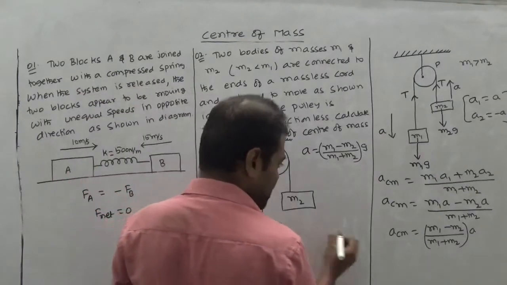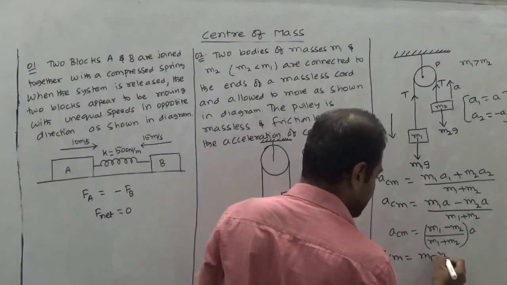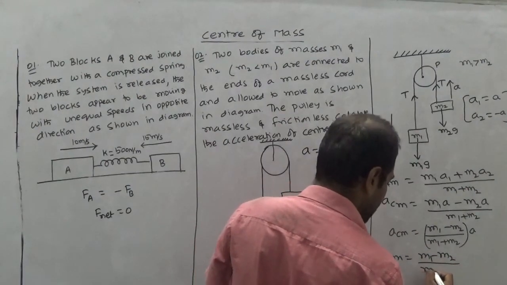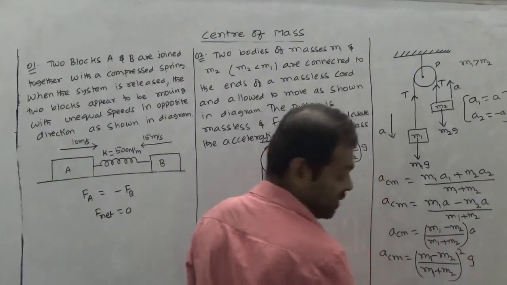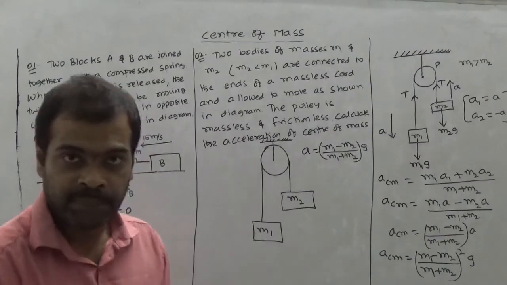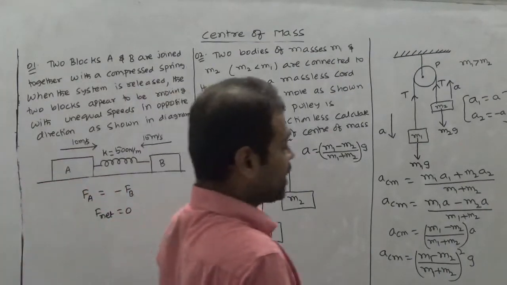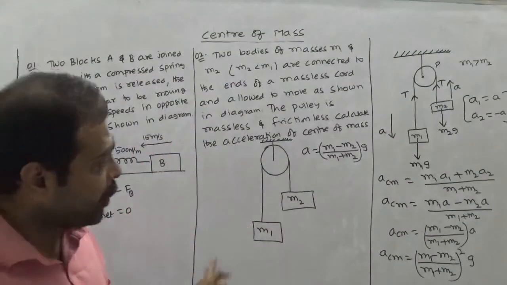So the acceleration of center of mass is ((m1 minus m2) divided by (m1 plus m2)) whole squared, multiplied by g. Like this we can find the acceleration of the center of mass of a pulley system.